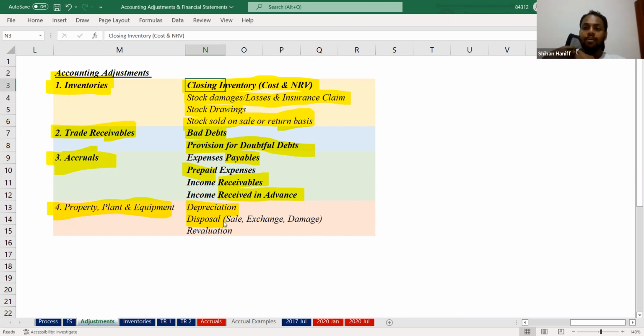Like we have an old vehicle, we give the old vehicle and buy a new vehicle, exchange. Or an accident or damage, loss. So from the disposal, we will make a profit or a loss. So we need to identify that. Then finally, we have revaluation, revaluing the property, plant, and equipment. So these are the main accounting adjustments related to sole proprietorship. Okay. So let me start with inventories.